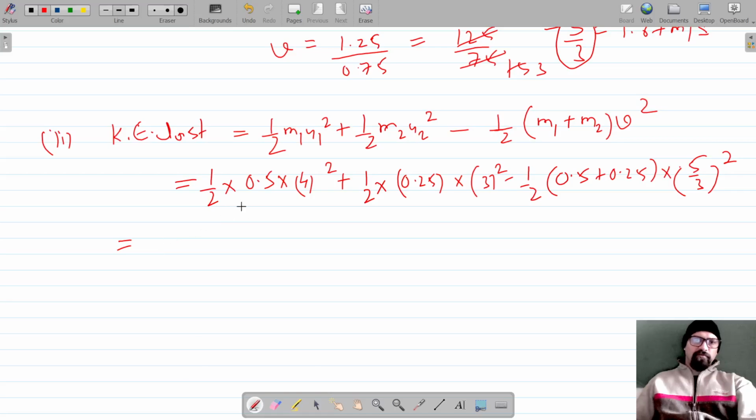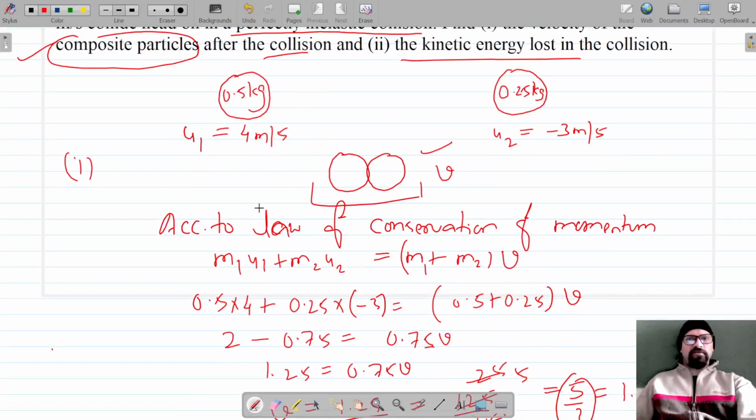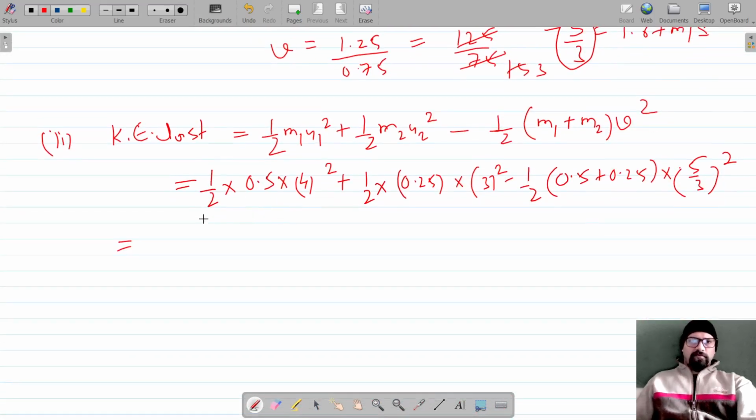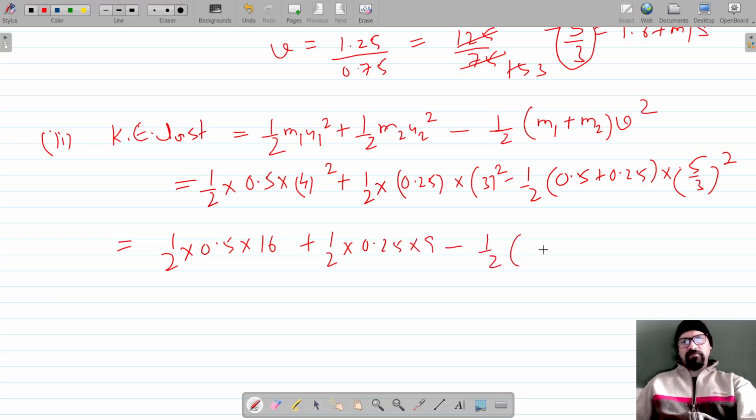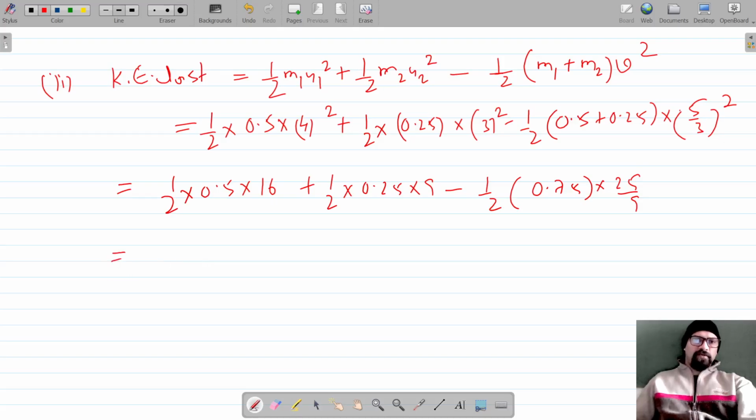So this is half into 0.5 into 16 plus half into 0.25 into 9 minus half into 0.75 into 25 by 9. So let's calculate this.